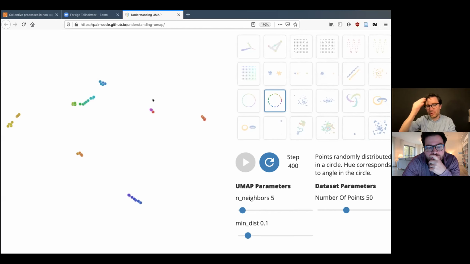This is just empirical, but if you go with about 15 to 30 neighbors, you usually derive good representations of the topology of your data if you have enough data points. So it's relatively robust to the choice of parameters. You don't have to play around with it too much.